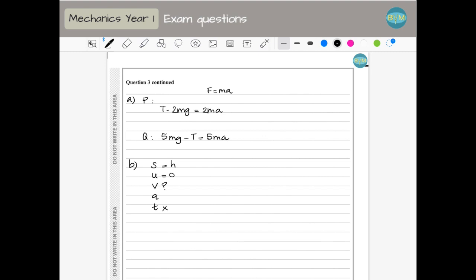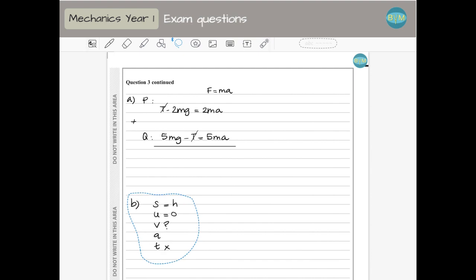To find the acceleration, we are going to use these two equations, because we have two equations with two unknowns, the acceleration and the tension. So from here we can find any of them. We don't need the tension, but we are going to find the acceleration. If, for example, I add them, I will get rid of T. Let me put that down.